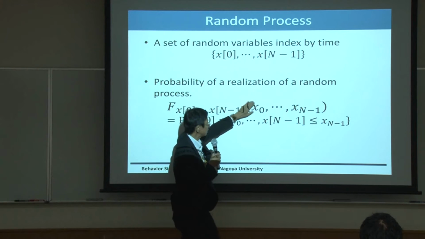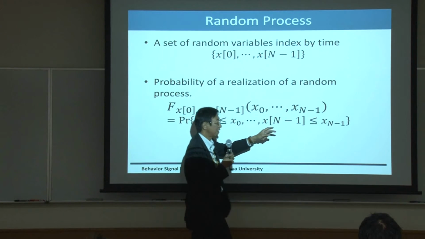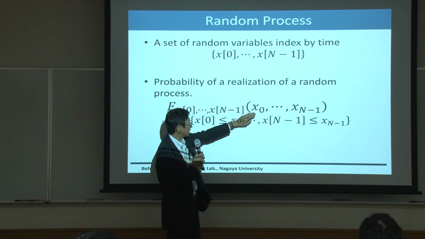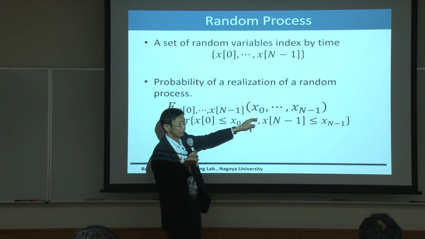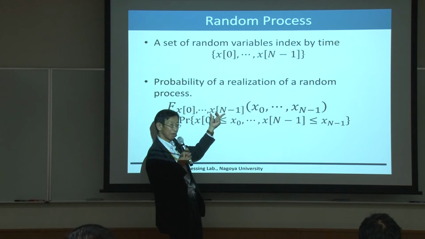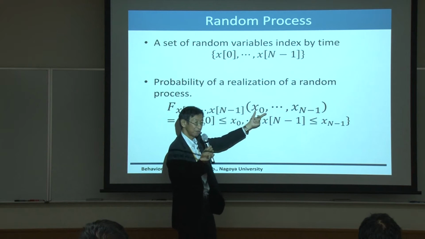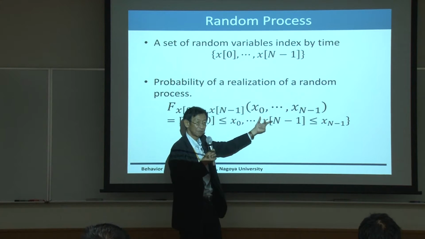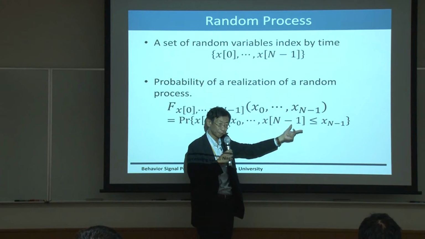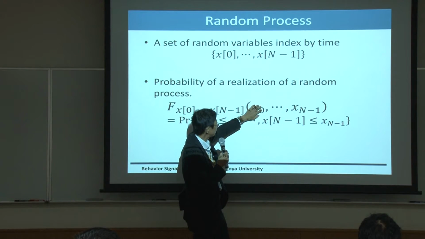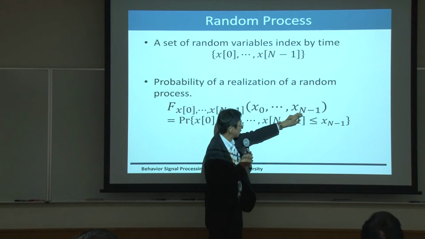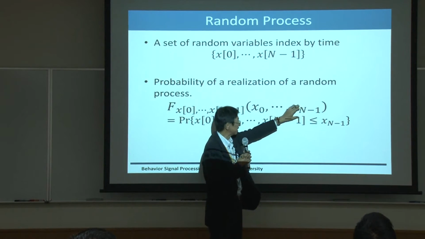And in parentheses, you write down the actual values. This is the name of the variable, and this is the actual value, okay? What does this mean?